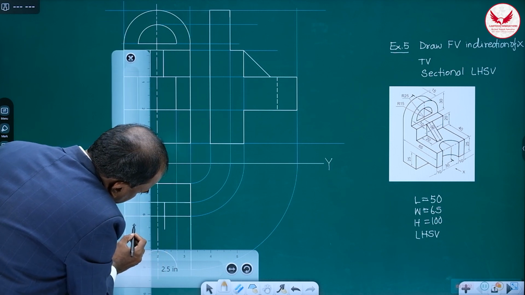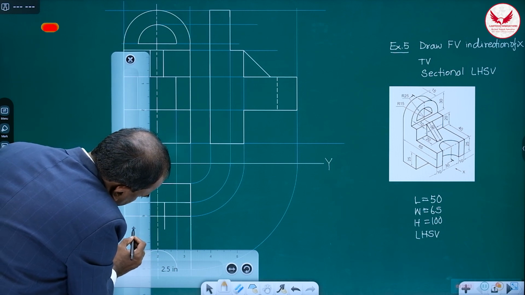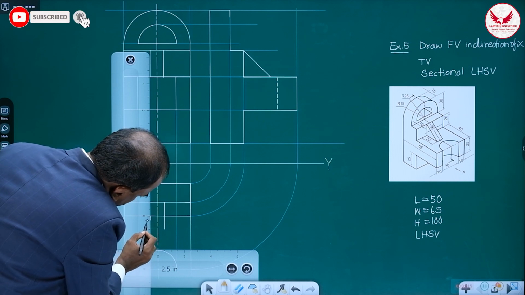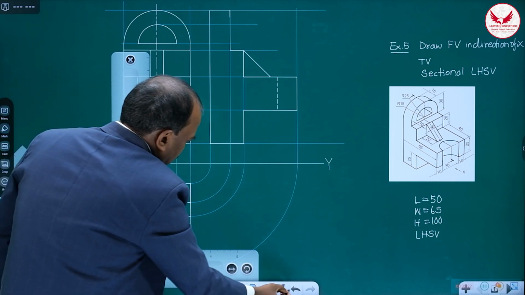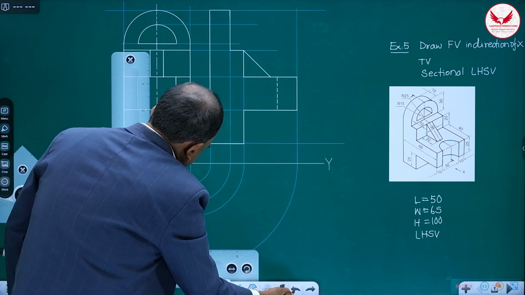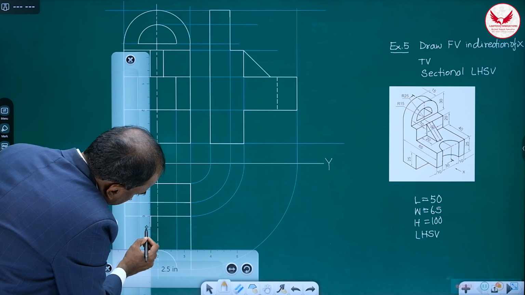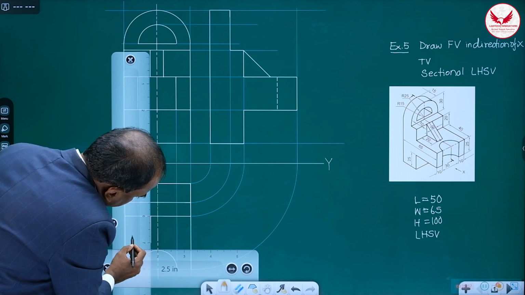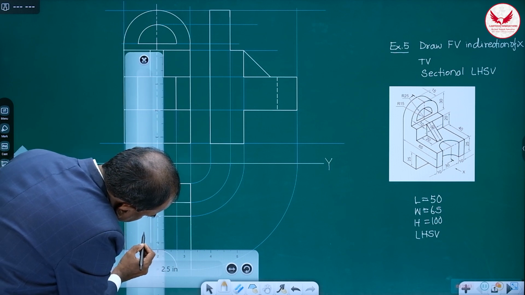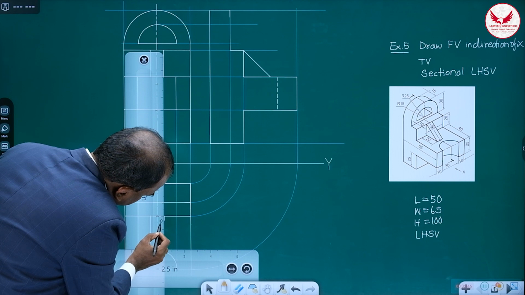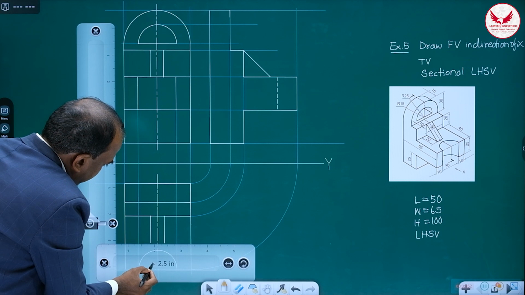And on this side also again 20. It is 10. Sorry, that earlier line is not in this place. It's 5 mm left hand and 20 mm depth. It is 20. So that is the rib in the top view, and join it.